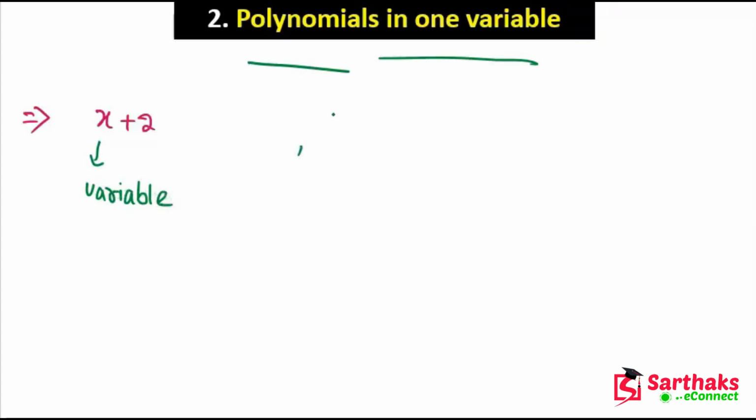Now, x square plus 3x plus 2. This is also a polynomial in one variable. Okay, now again, here is another example: m cube plus 2m square minus m.